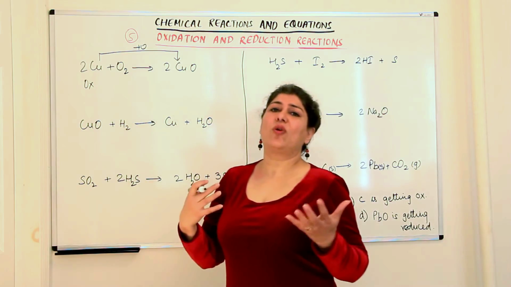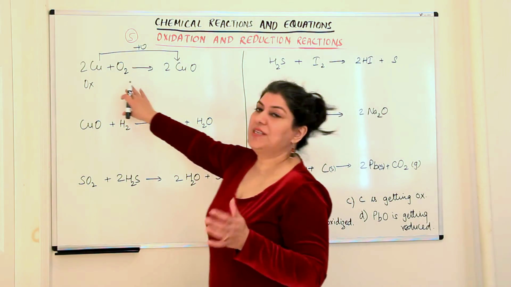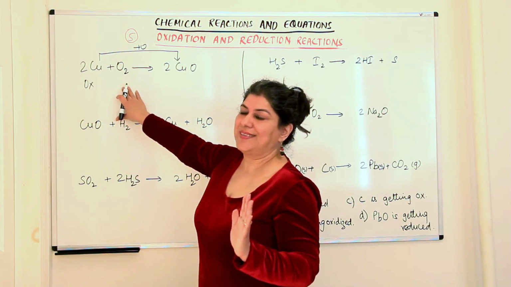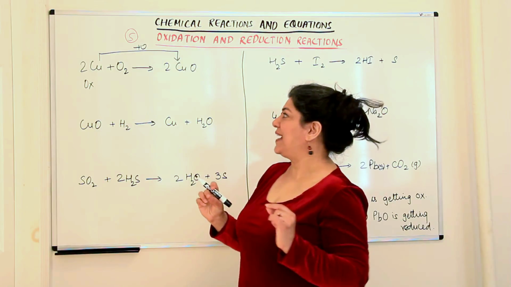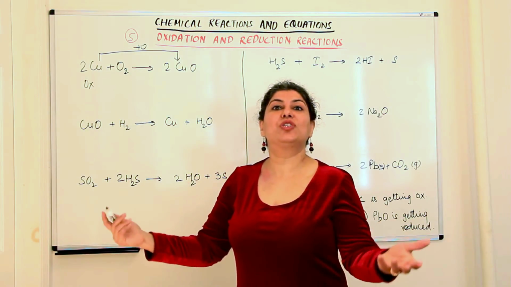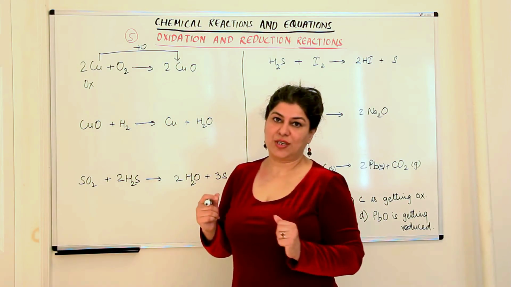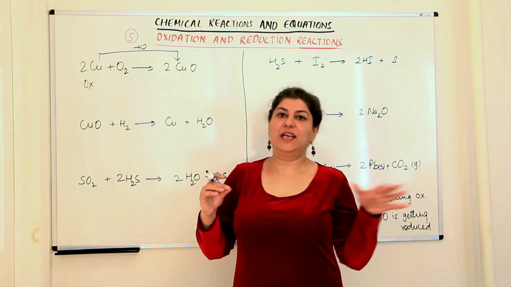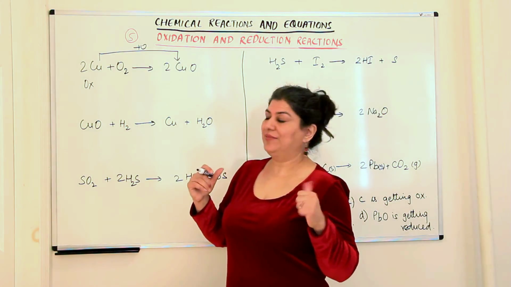If anything is getting oxidized, logically the other substance should get reduced. So oxygen is getting reduced, we do understand this. Yet there is another definition of reduction that you should understand here. In the case of oxygen, oxygen itself is responsible for oxidation or reduction. If it is adding, then it is causing oxidation. If it is getting removed, it means it is getting reduced itself.